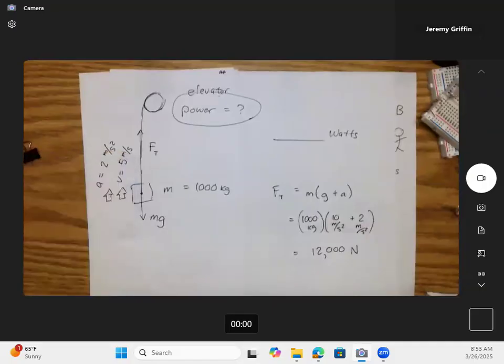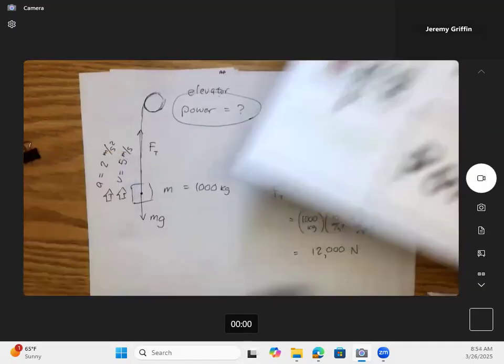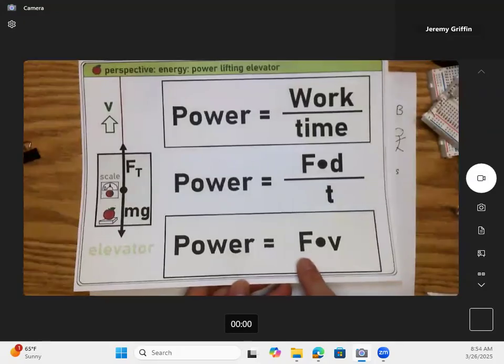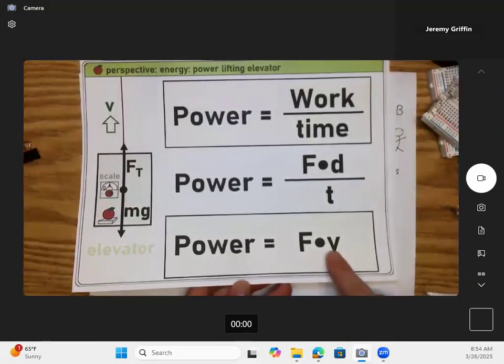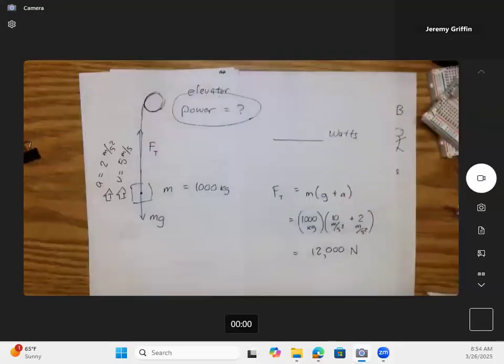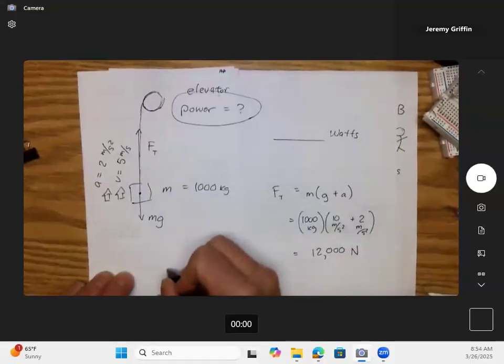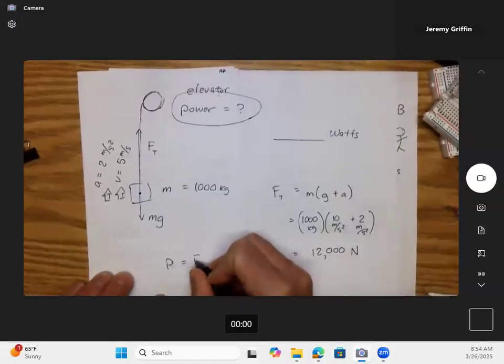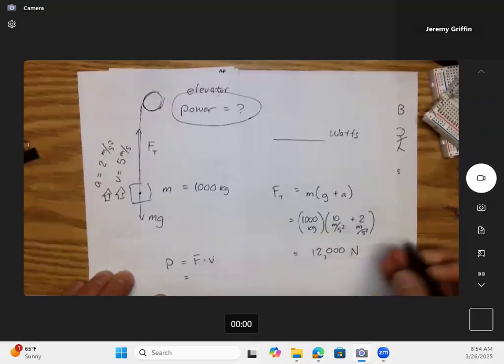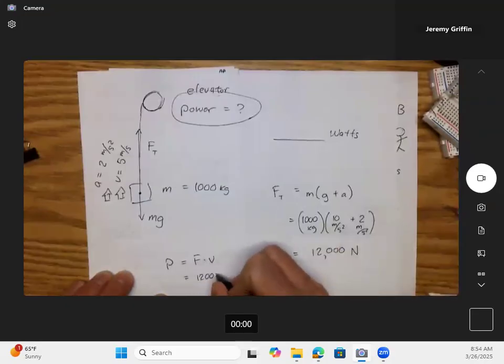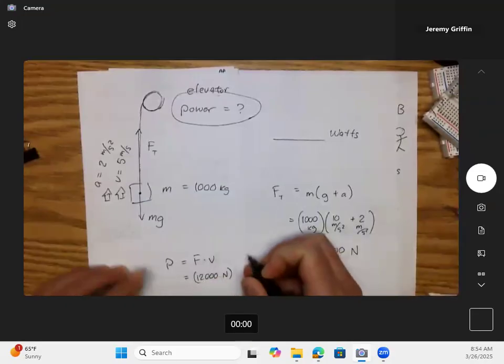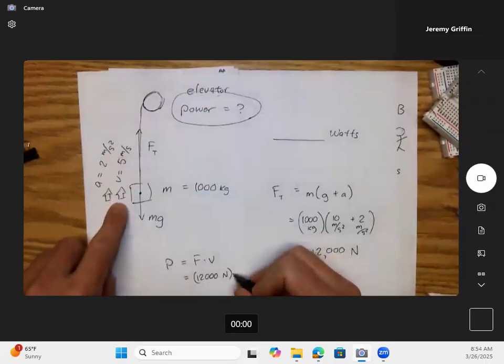Now we can plug that into here because that tension is a type of force. Just multiply by the speed. Got the answer. Power is force times speed. So we got 12,000 newtons, and it's going at 5 meters per second.